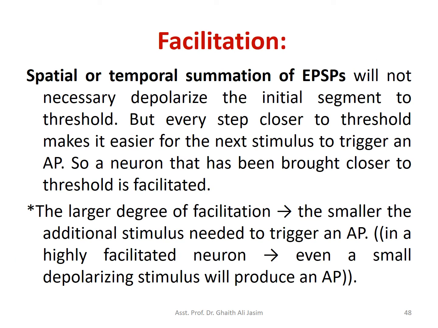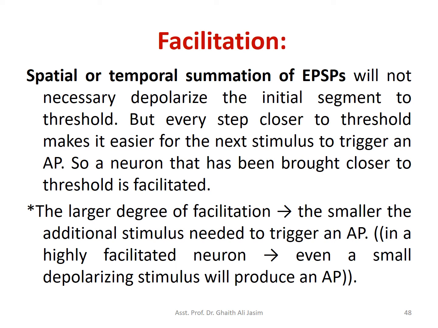Another definition here, facilitation. So spatial or temporal summation of excitatory postsynaptic potentials will not necessarily depolarize the initial segment to threshold. That's correct. But every step closer to threshold makes it easier for the next stimulus to trigger an action potential.